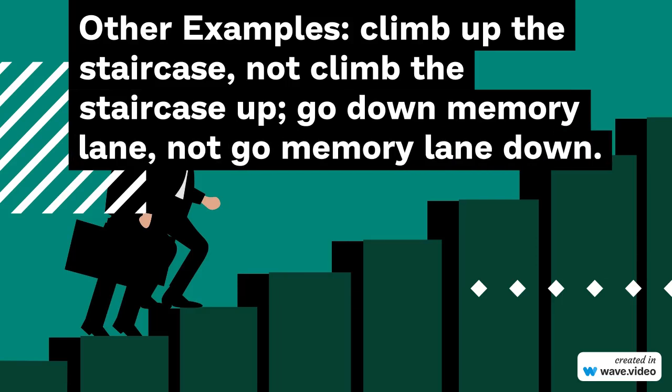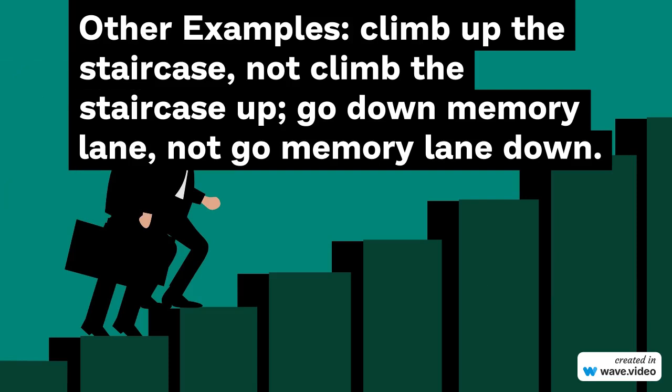Let's look at other examples of non-separable phrasal verbs. Climb up the stairs. You cannot say climb the stairs up. Go down memory lane. You cannot say go memory lane down. So each time you try to insert the object between the verb and the particle, you distort the meaning entirely. In fact, it becomes meaningless.